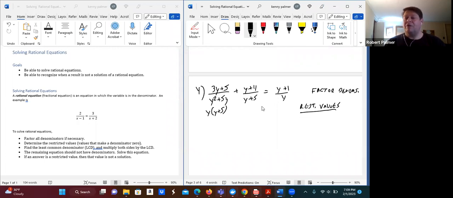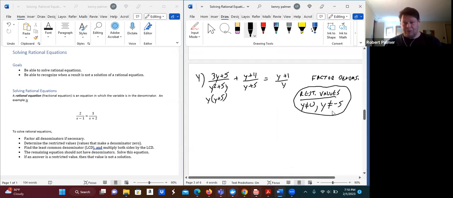What will make our denominator 0? Clearly, if y is 0, we'll make everything 0, so y can't be 0. And over here, if y is negative 5, it'll make the denominator 0. So we have 2 this time. y can't be 0, y can't be negative 5. So as we did before, we'll come back at the end and check, make sure the solution we get is not one of those.